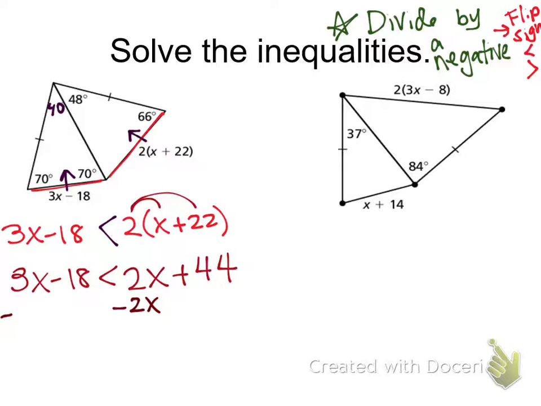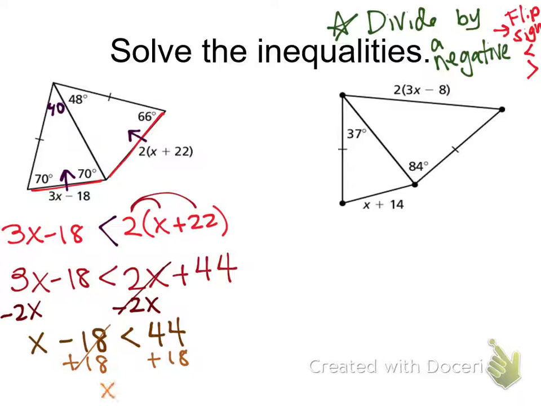We're going to subtract it. 3x minus 2x is x minus 18 is less than 44. My last step, add 18, yes. X is less than 62.